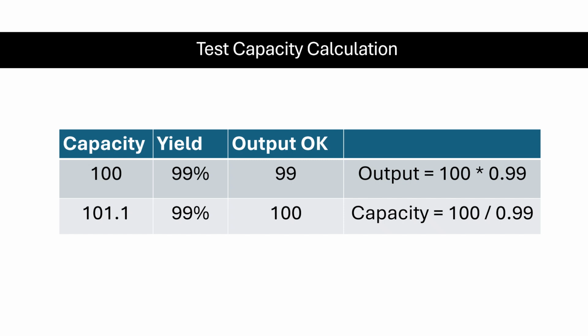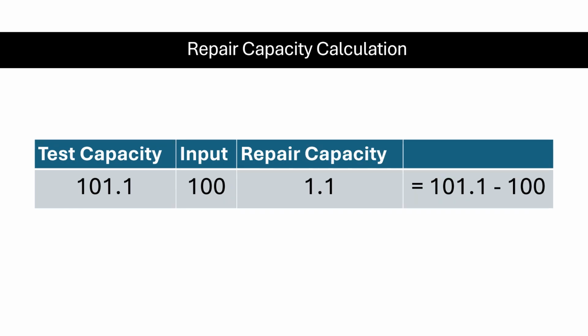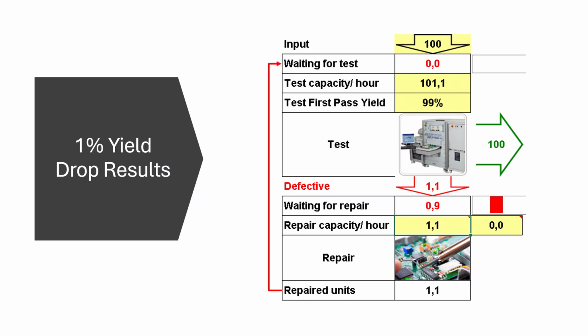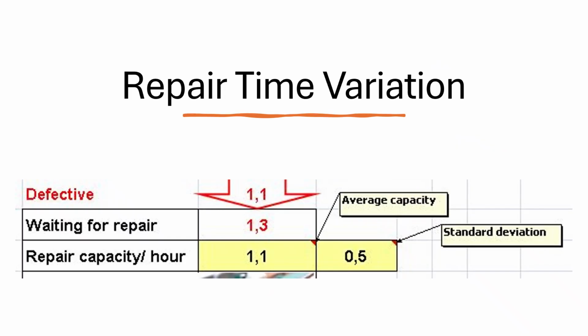Answer, we divide 100 by 0.99, which gives us 101.1. So, we need a test capacity of 101.1. And the repair capacity will be 101.1 minus 100 is equal to 1.1 units per hour. With the calculated test and repair capacities, we can balance the loop and deliver 100 items per hour.